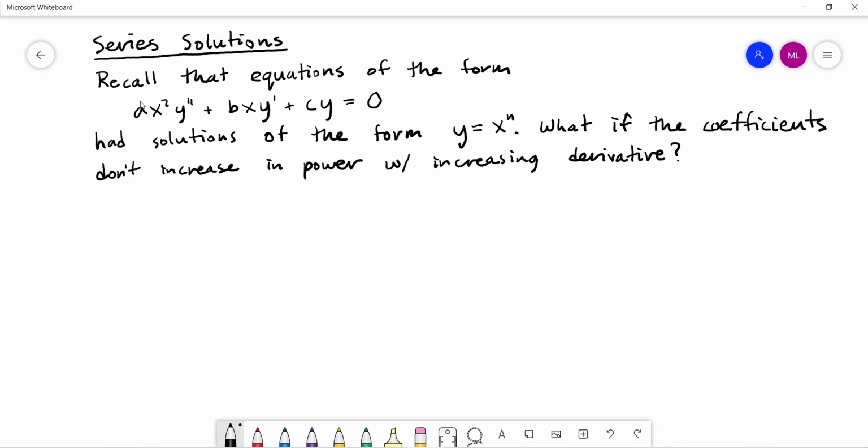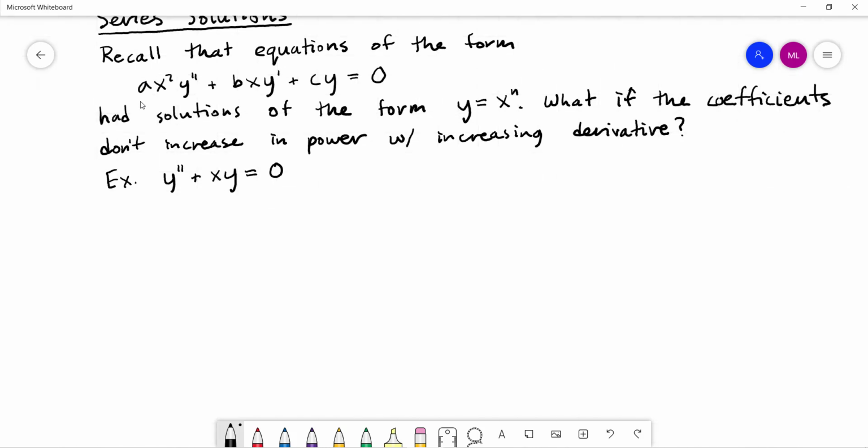There's a whole bunch of problems of this form, things like this. An example being, what if I had a problem that looked like this? Something as simple as y double prime plus xy equals 0.